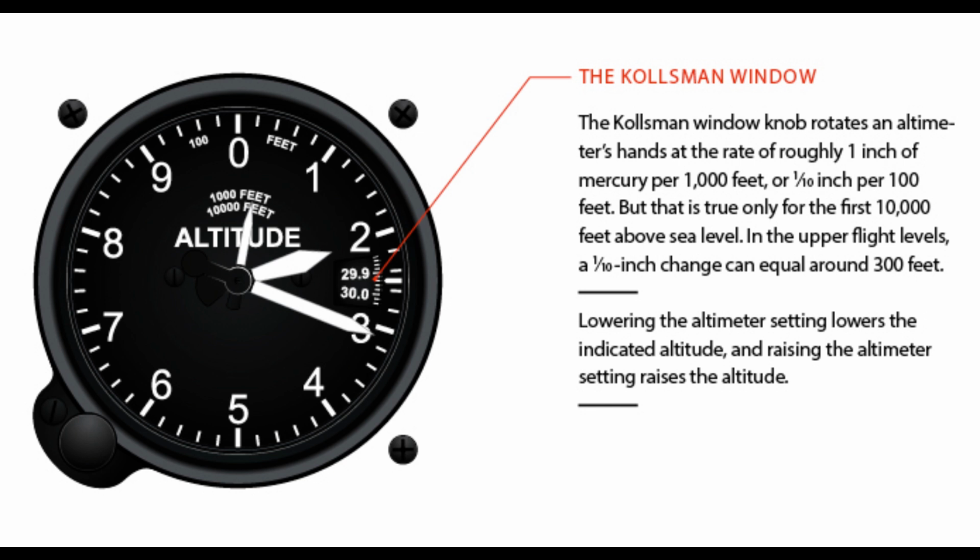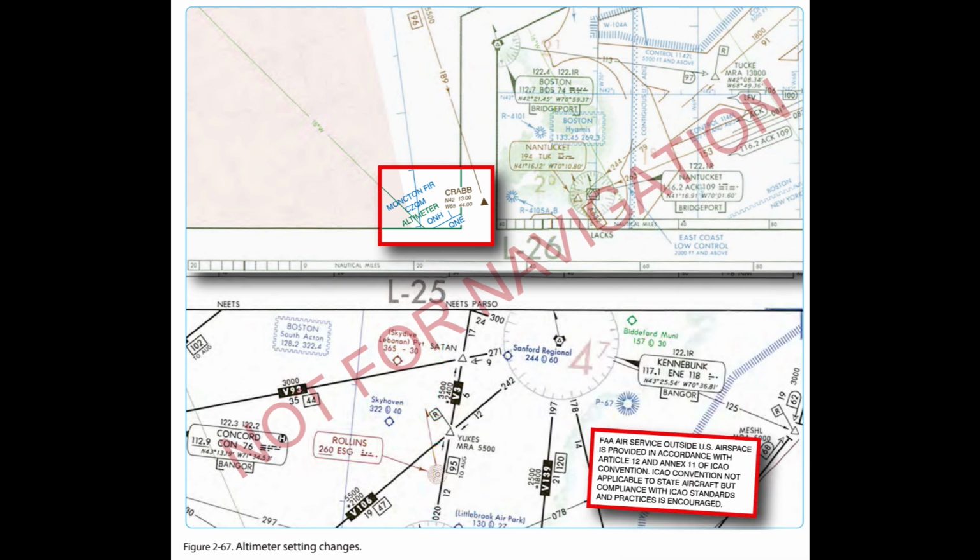Correction factor: 1,500 feet. 28.41 to 27.91. Correction factor: 2,000 feet. 27.91 to 27.42. Correction factor: 2,500 feet.